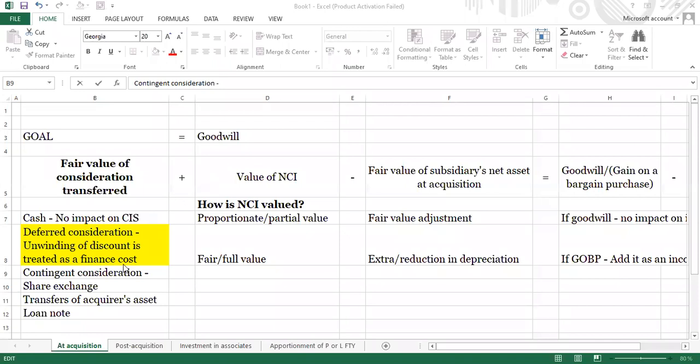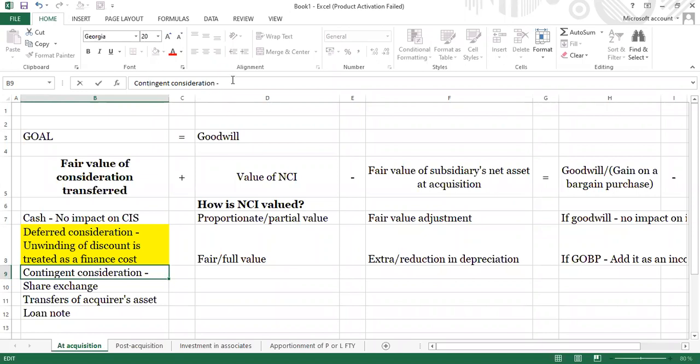As a result of not attaining the target, there may be a change in the value of that contingent consideration. Because at acquisition, once we agree that in 2 years' time I'll pay you more money, we value that contingent consideration. So if there's a fluctuation in the value as a result of post-acquisition event, that will usually hit the income statement.